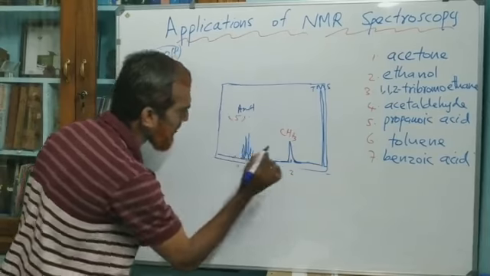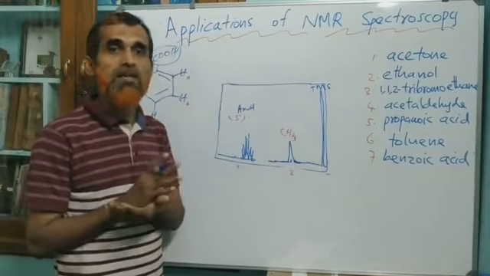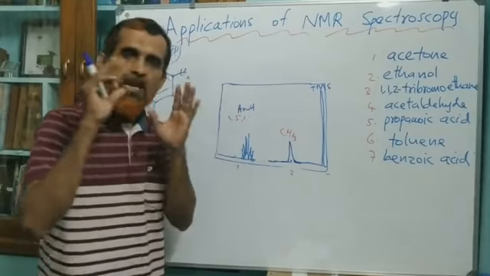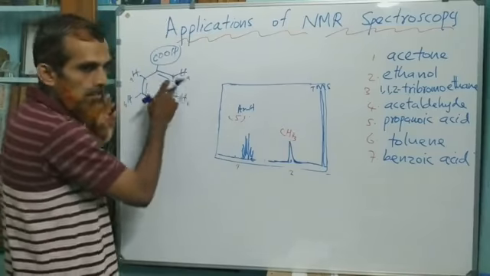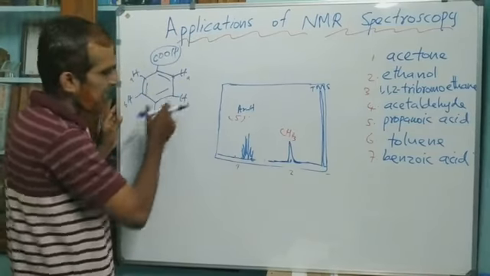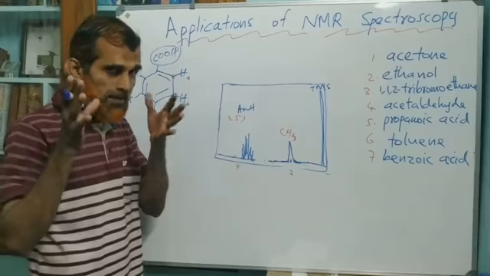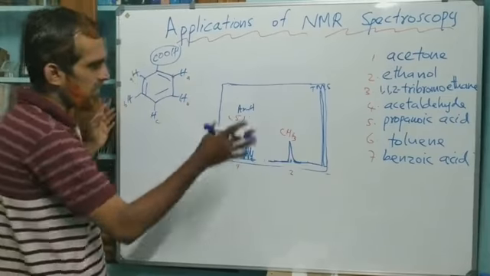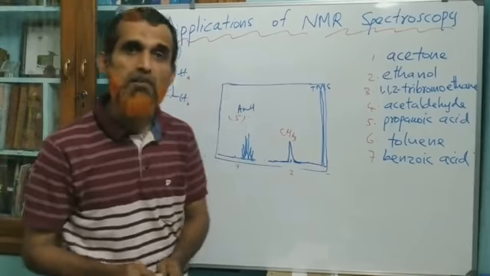If you use a very powerful and high resolution spectrometer, this will have a very clear pattern, and how these ortho coupling, meta coupling and para coupling take place, and what the coupling constants are, it's all well defined, and that is beyond the scope of our discussion now. So that is how we get the NMR spectrum.